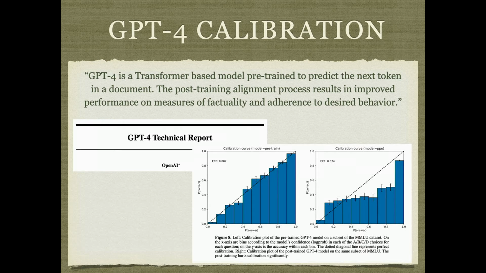But for the post-trained model, the fine-tuned one that is designed to improve the performance, the calibration goes away. This is not a line anymore. It has the shape, again, of being overconfident. And indeed, you know that, discussing with ChatGPT, it's not aware of its uncertainty, absolutely not.